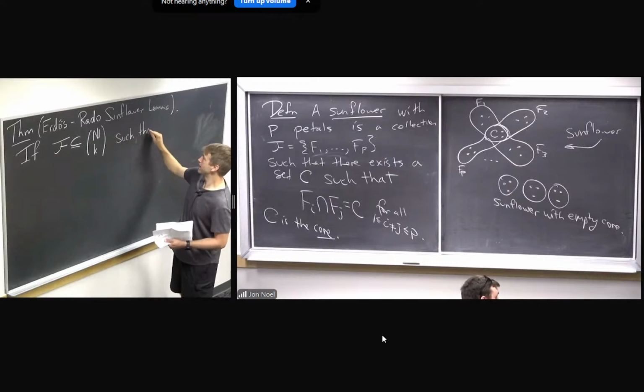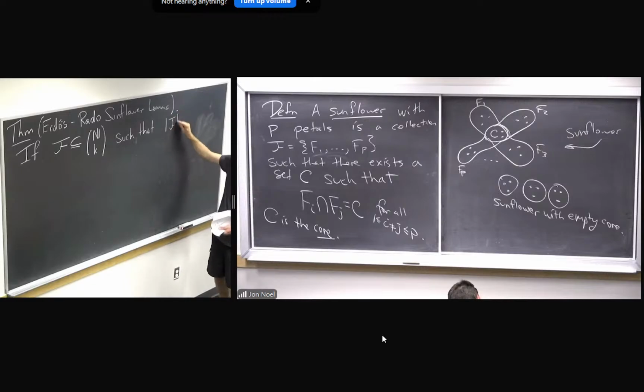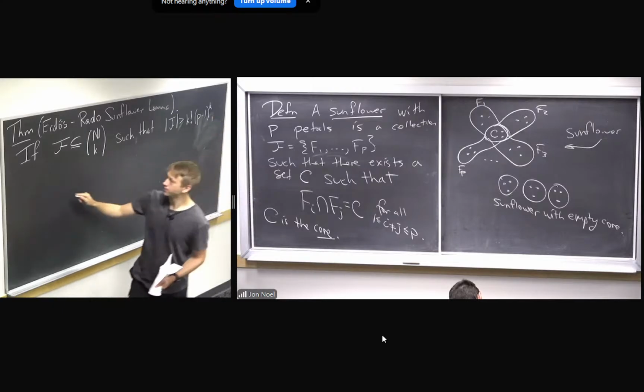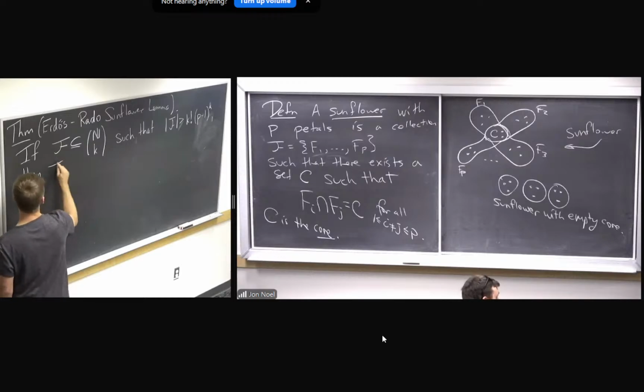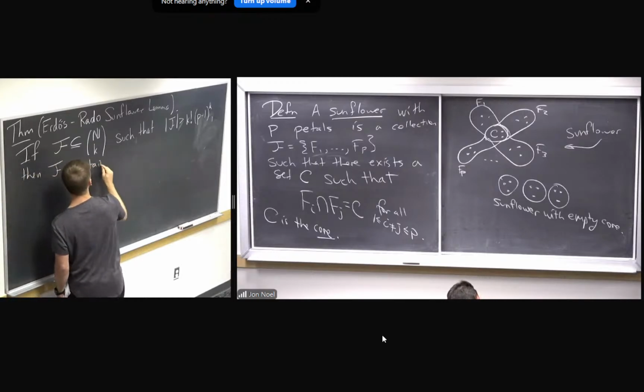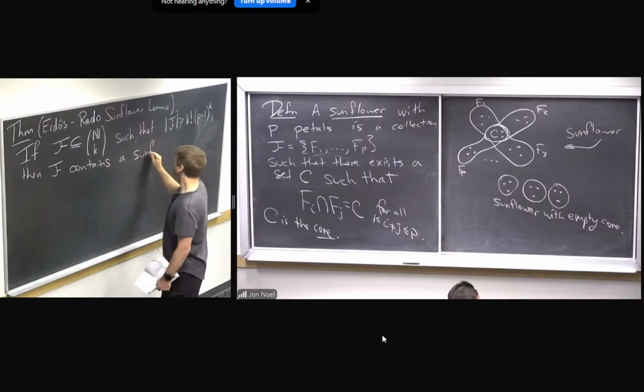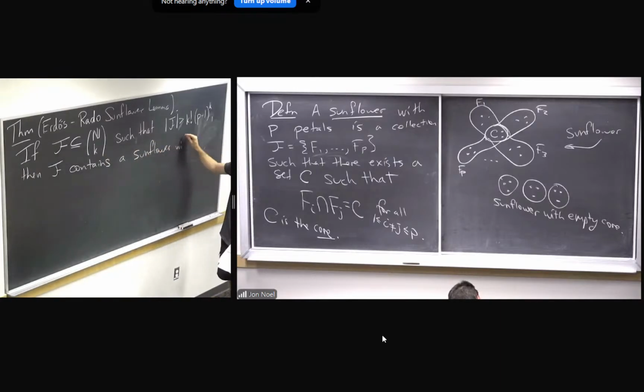So if this thing is really big, sorry, this should not be greater than or equal to, but strictly greater than k factorial times p minus 1 to the k, then F contains a sunflower with p petals.